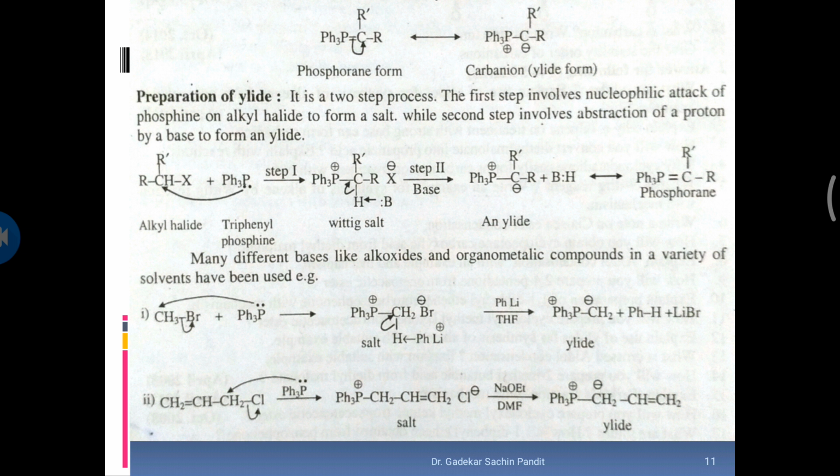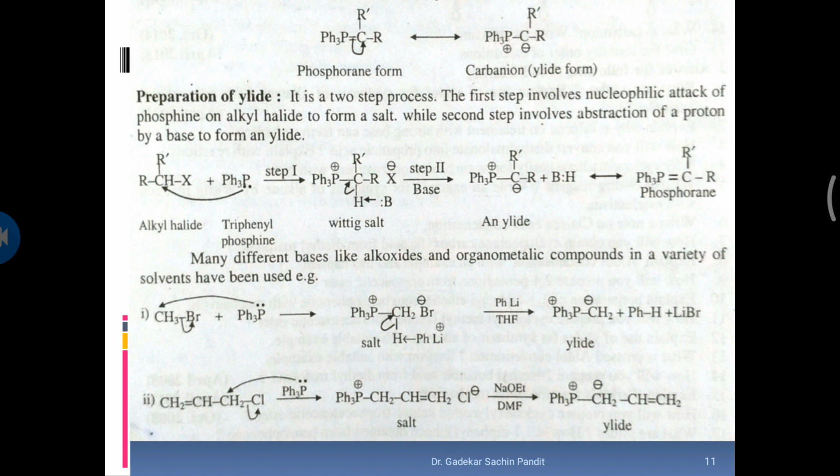So first the alkyl halide reacts with phosphine to form a Wittig salt, and this Wittig salt reacts with base to form the ylide. Okay, and the ylide has a resonance form, the phosphorane.